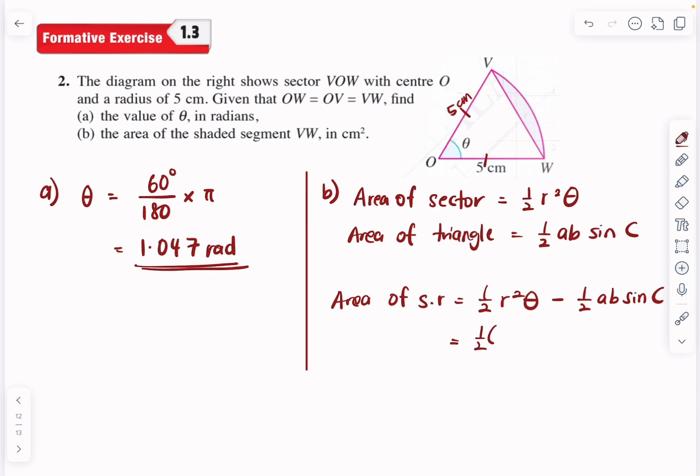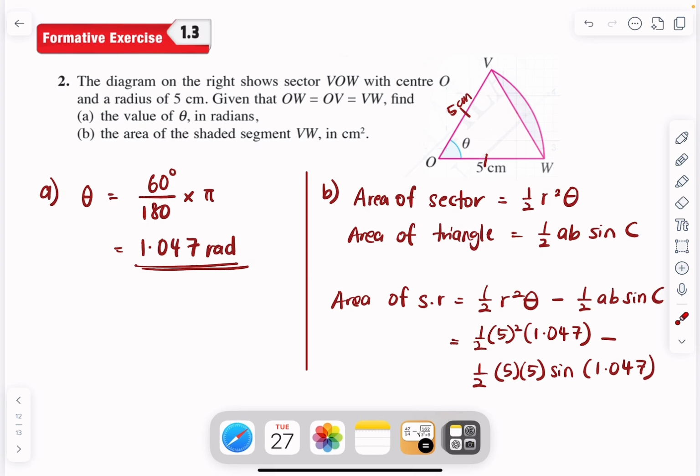So 1 over 2, 5 square, 1.047, minus the triangle, which will be 1 over 2 AB sine C. Since we have this angle, we can say this is AB and this will be angle C. So A and B are 5 and 5, sine 1.047. You can use sine in radians, but you must make sure your calculator is set to radians.